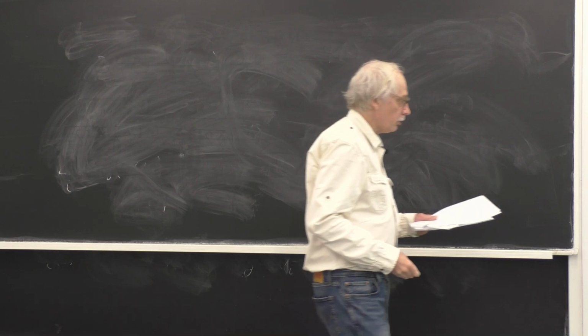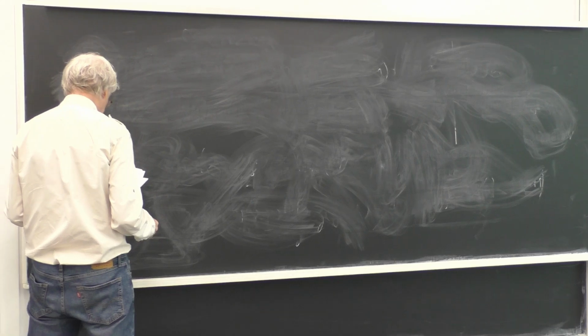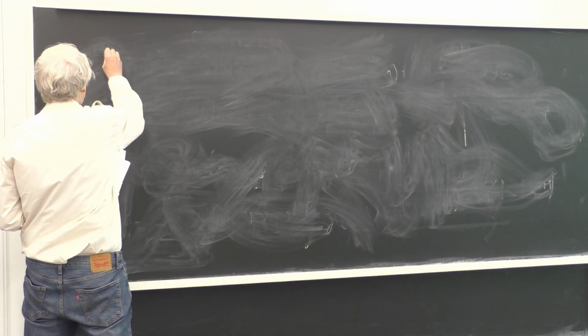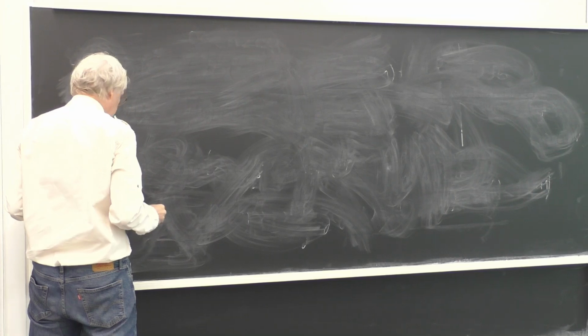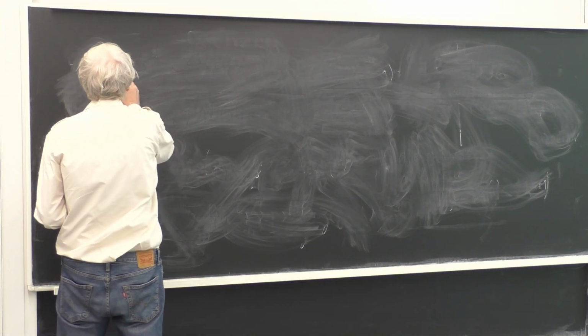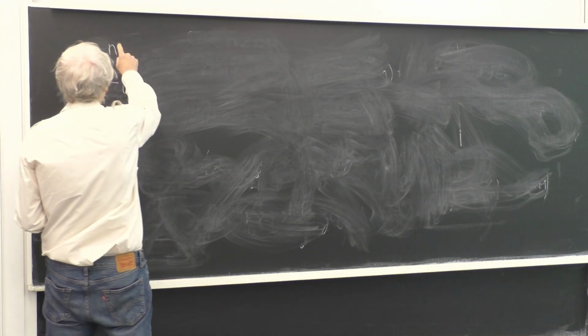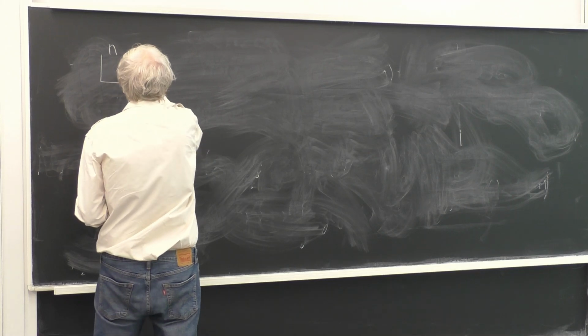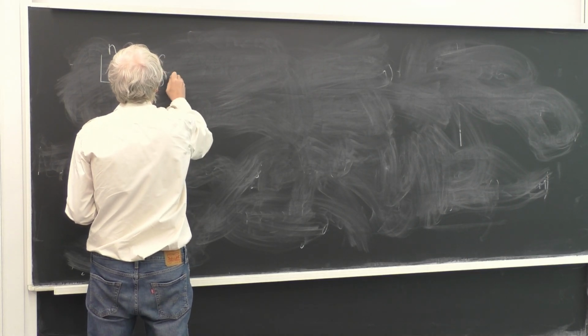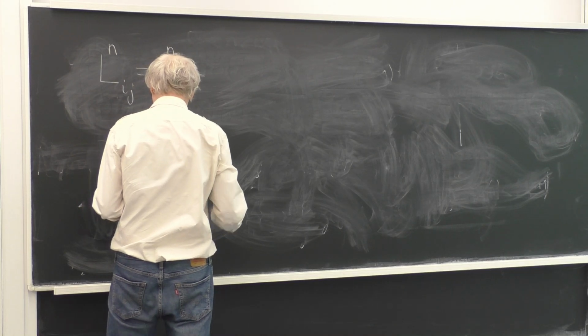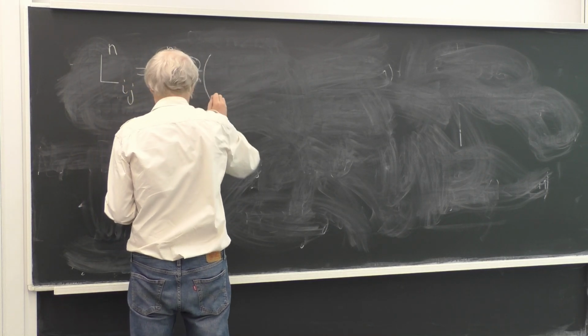So let me show you the discrete Lax representation for the discrete time Ruijsenaars-Schneider model. The Lax matrix at the time n can be written as follows.